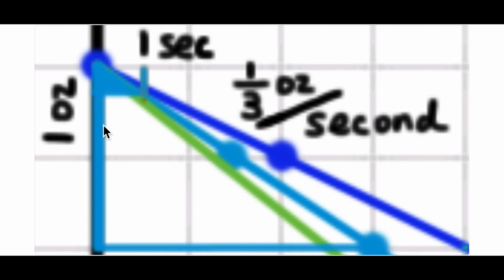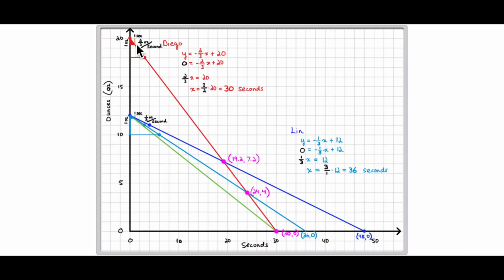That means it's 1 ounce in 3 seconds. 1, 2, 3, and 2 ounces in a total of 6 seconds. Another 3 seconds here. So if you compare those two, Diego's drinking 2 ounces in 3 seconds still, but now Lynn's drinking those 2 ounces, the first 2 ounces, in 6 seconds, so a bit faster. It was 8 seconds, now it's 6 seconds.